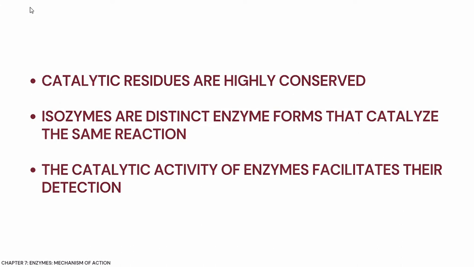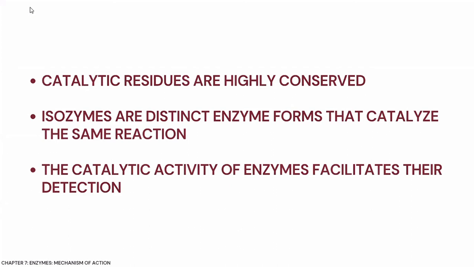Example, we have two enzymes that phosphorylate glucose, that add a phosphate to glucose. Now, two important isozymes in the phosphorylation of glucose are glucokinase and hexokinase.